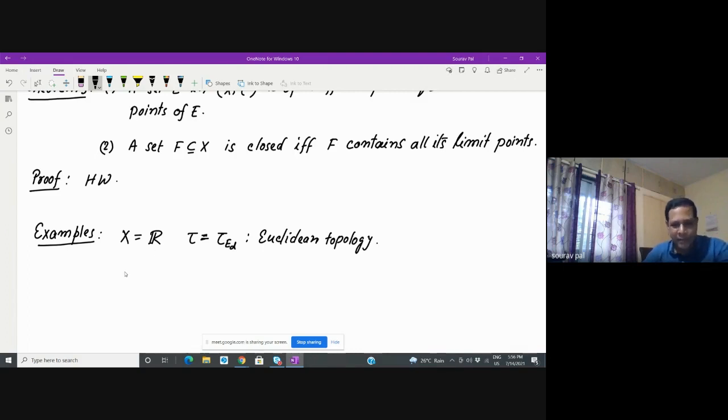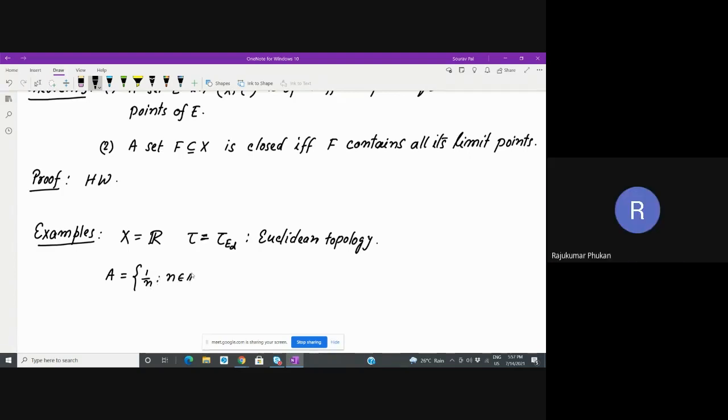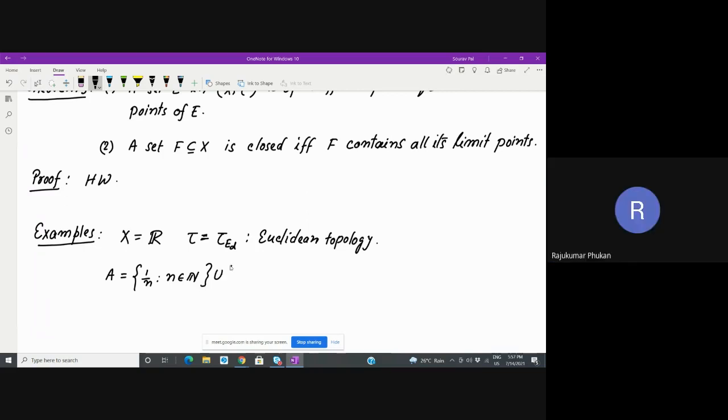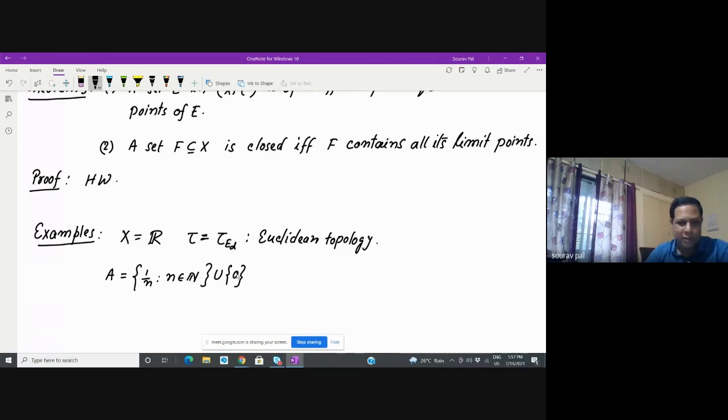okay, then please tell me what are the interior points of this set. If you choose A to be, say, this set, 1 by n, all natural numbers n, in union with the singleton set {0}.